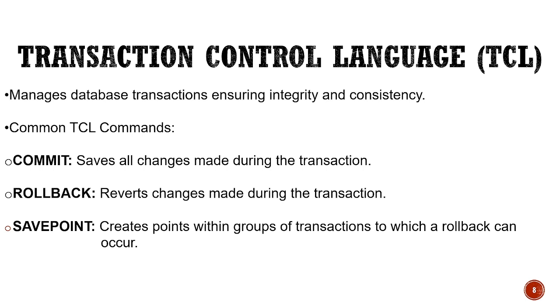But suppose we want to undo the changes, at that time we can use rollback, our second command inside the TCL. Third is savepoint. It's just like a location; wherever we use savepoint, with the help of rollback we can go backward in our command execution. So this is all about the transaction control language.